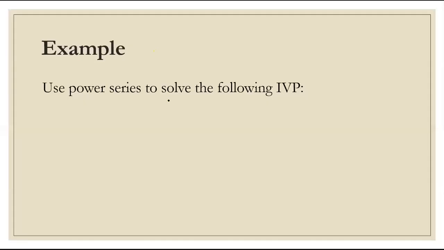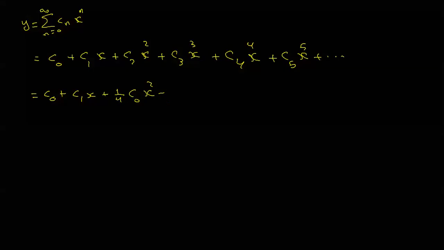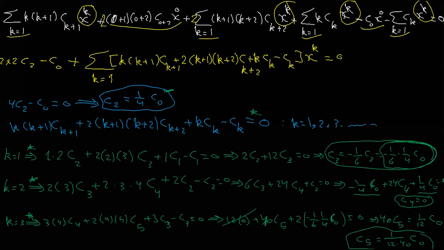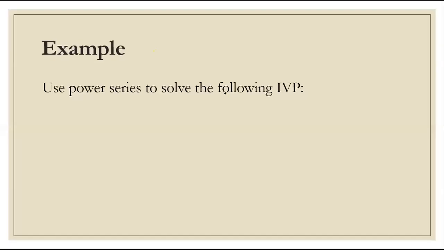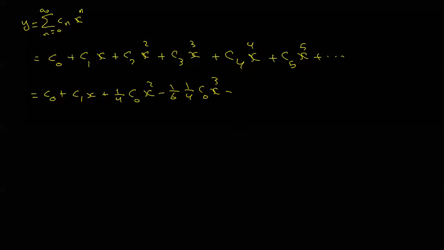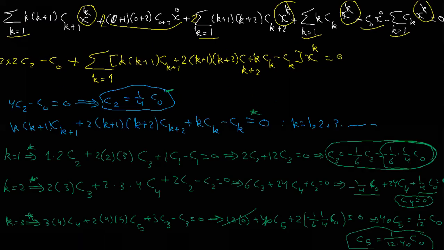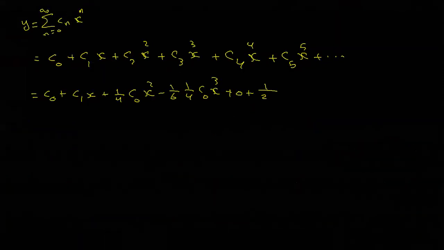Did we find C3? Yes, C3 is negative 1 over 6 times 1 over 4 C0, x to the power 3, plus. Where is C4? C4 is 0. So plus 0, plus C5. What is my C5? It's 1 over 12 times 40 C0, x to the power 5.